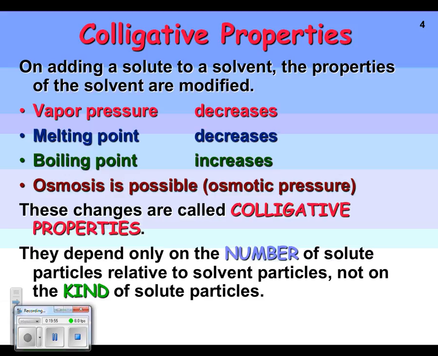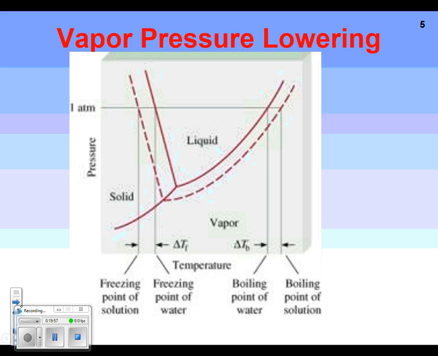Okay, so let's go on and talk about each one of these. So the first one, vapor pressure lowering. We worked with phase diagrams. It's basically when I add a solute to a solvent, it takes its phase diagram and it lowers its melting and boiling point.